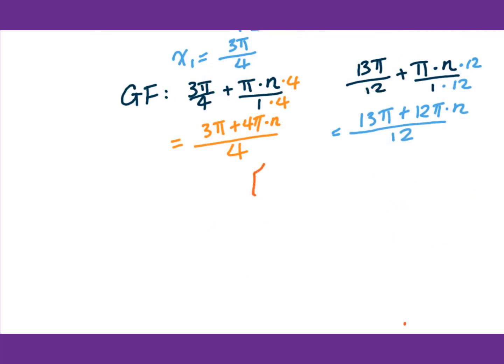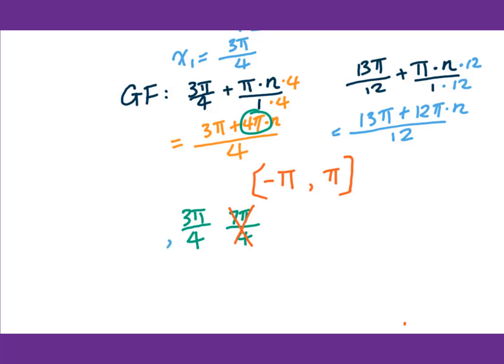We know that we are looking for between negative pi and pi. So for 3 pi over 4, you need to keep adding 4 pi. I add 4 pi, that will be 7 pi over 4. It's out of domain.